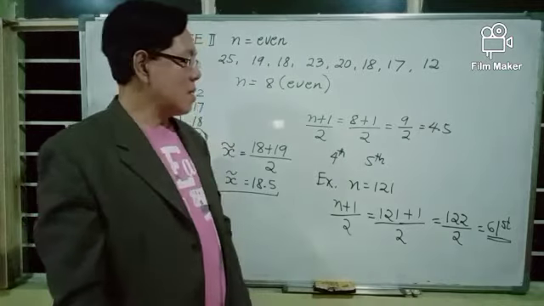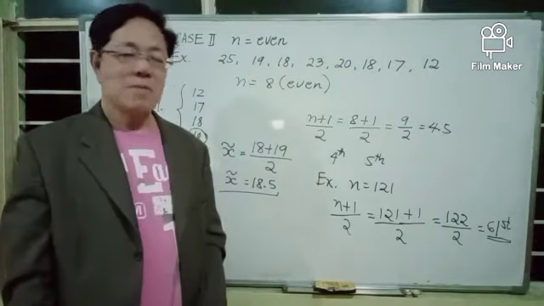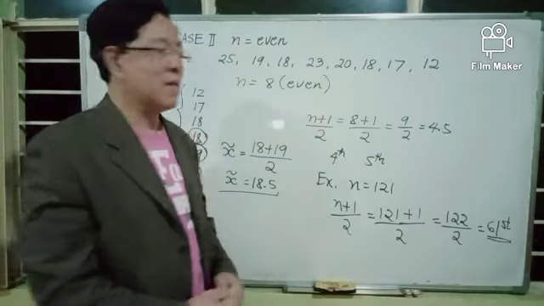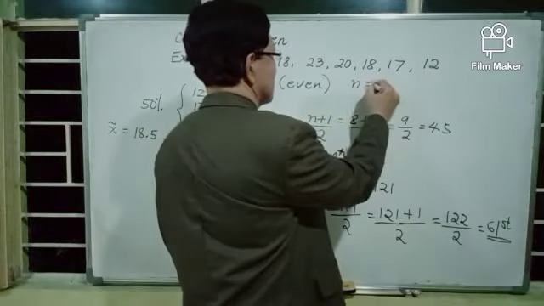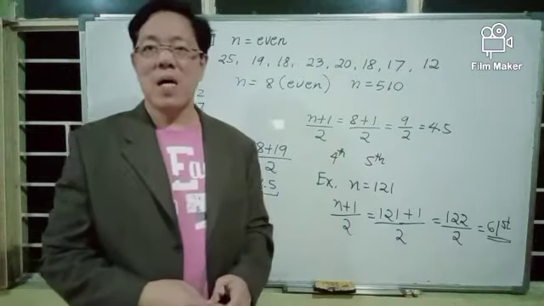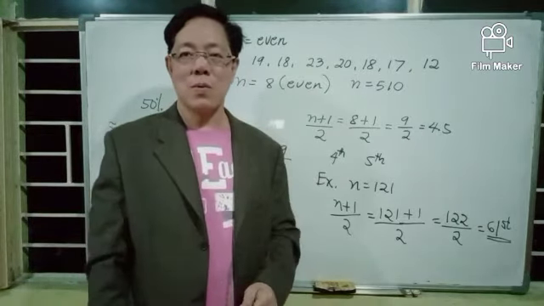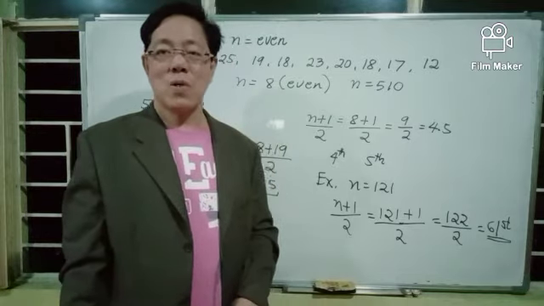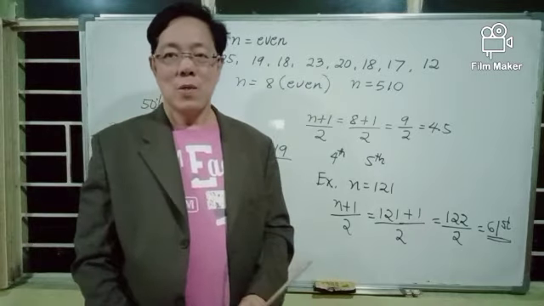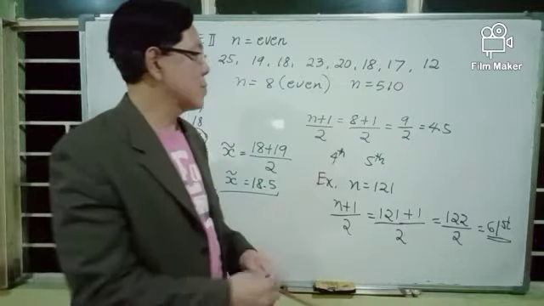And that would be the same also for an even number of observations. For instance, your n is 510. Encode these 510 numbers in Excel, and let Excel arrange these 510 scores in ascending or descending order. And then you locate the median by computing first n plus 1 divided by 2.